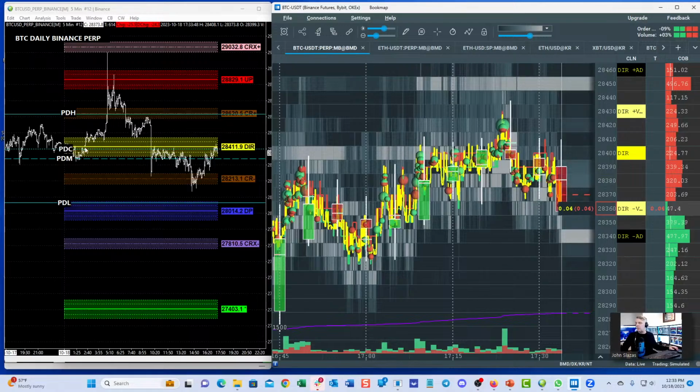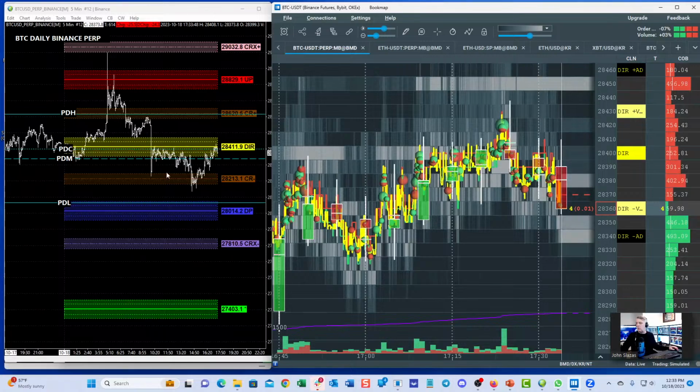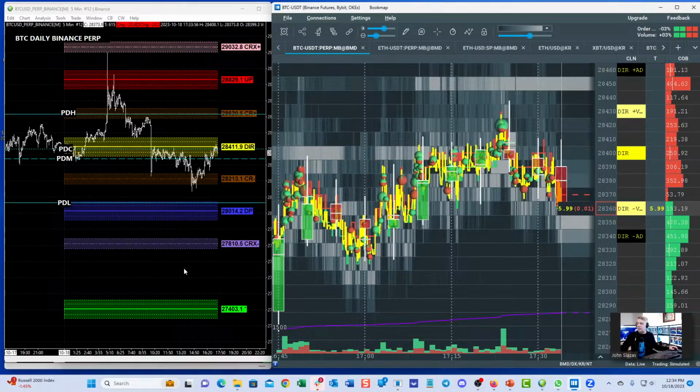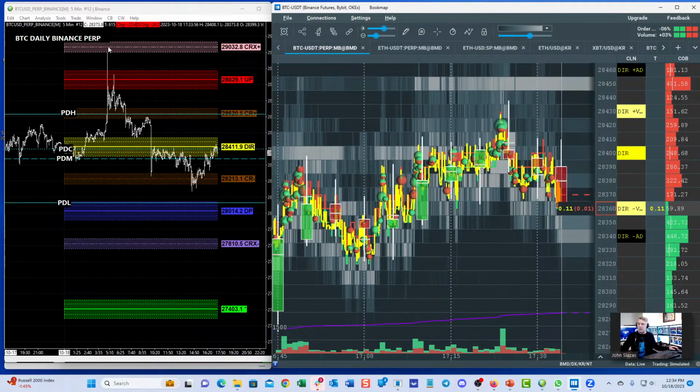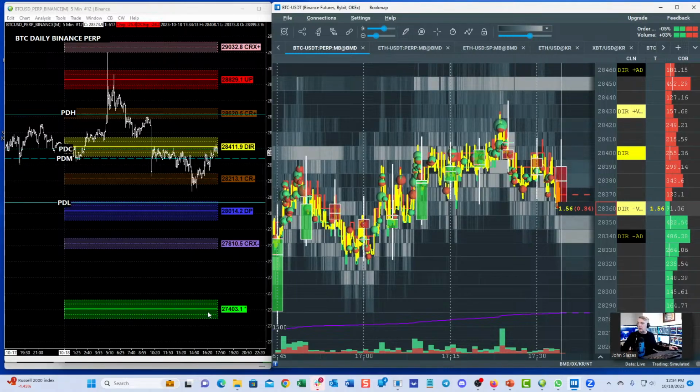Because this thing, one, it already had this huge acceleration move. We broke out to the upside. We know that the real buying energy in the market's way down here. So we already know, before we even start the trading period, that any buy signals up here are not going to be that strong. The market's going to have a hard time really accelerating because the energy is way below the market.